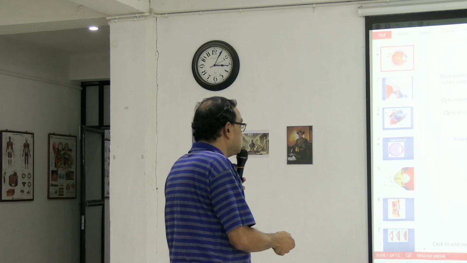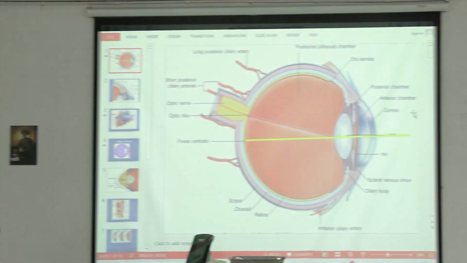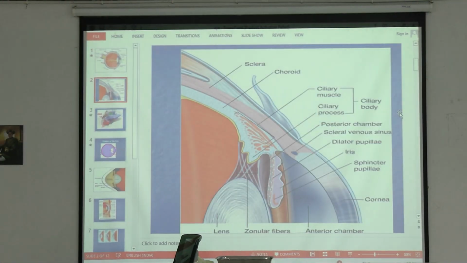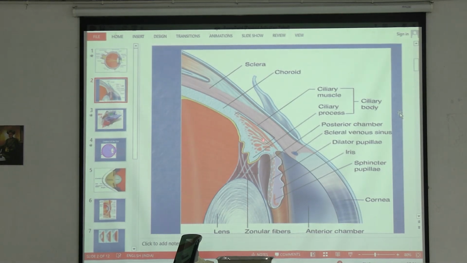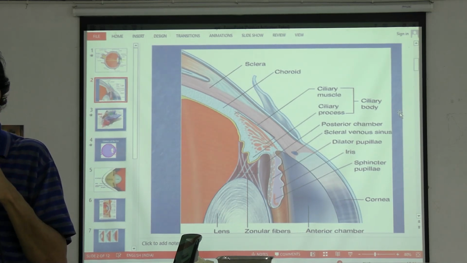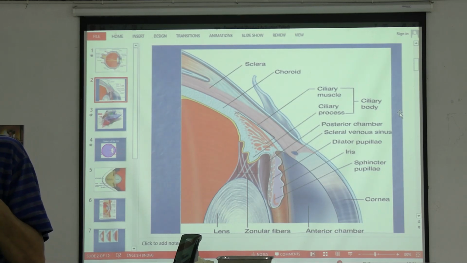Now, this is the iris. You can see these are the different muscles we can find, the ciliary muscles. And this is the iris. The iris actually gets its name because of the color.